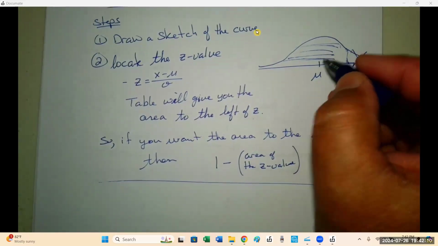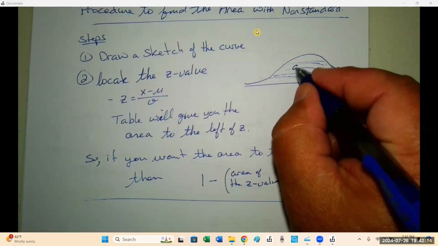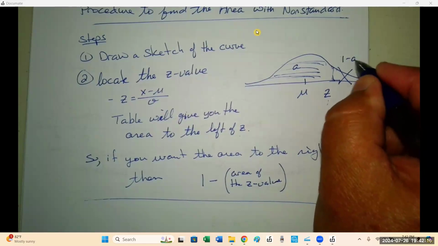So this is the area. Let's call this A. So this is 1 minus A.